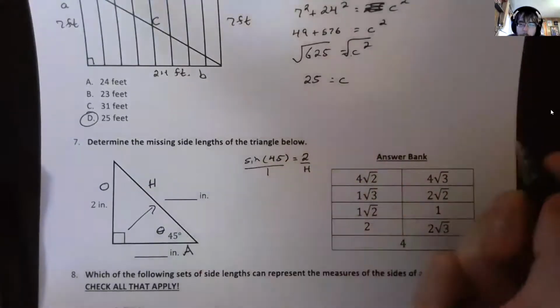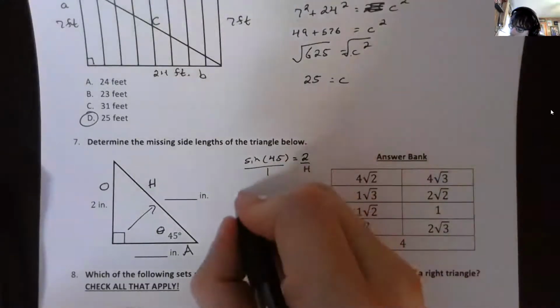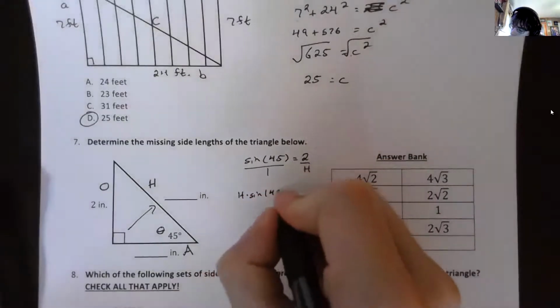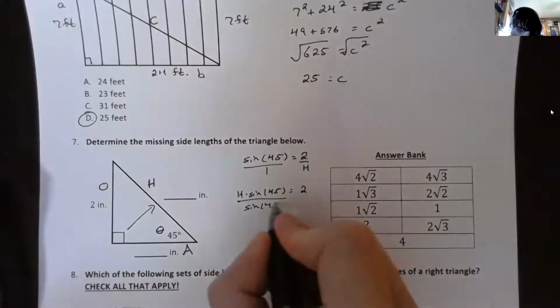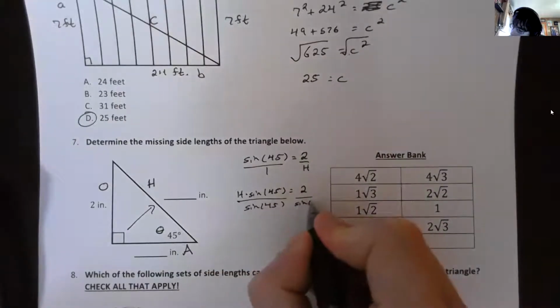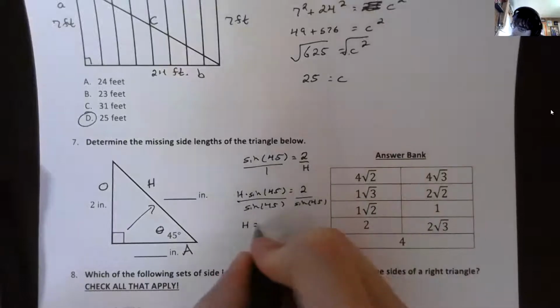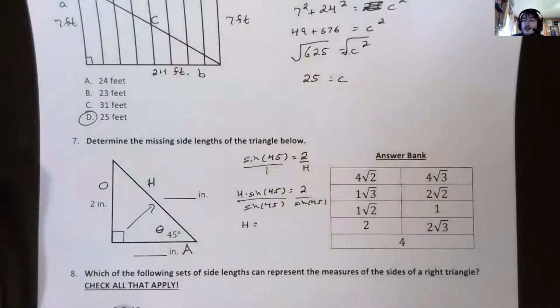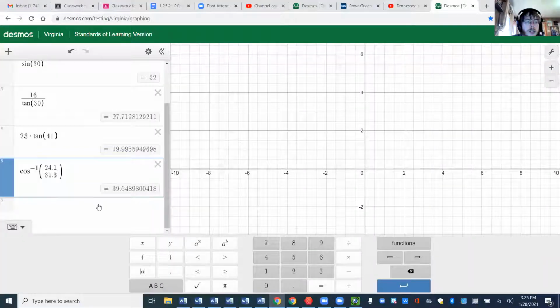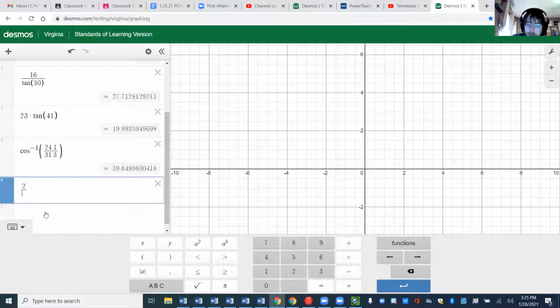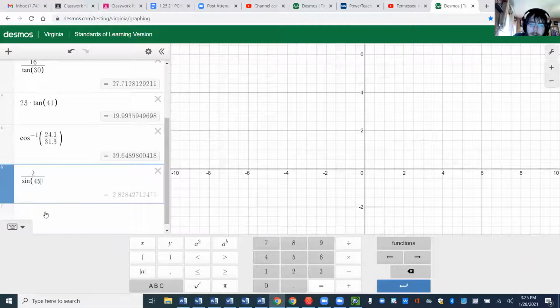Place sine of 45 over 1, cross multiply. And we get H times sine of 45 is equal to 2. Divide sine of 45 on both sides. And when you type that into the calculator, you're going to get 2 divided by sine of 45, which is 2.828.